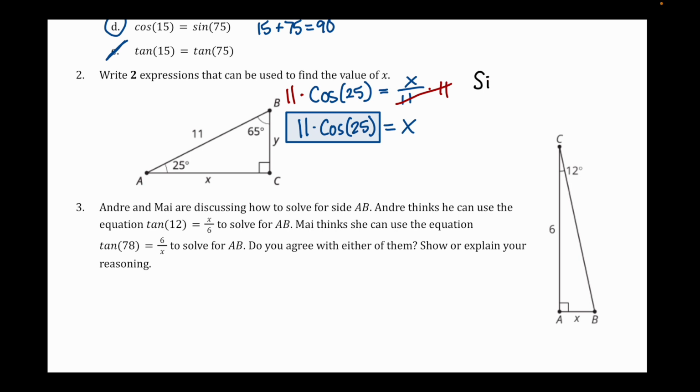Sine of 65 would give us that same relationship of x over 11, because the sine of 65 is opposite over hypotenuse, so x over 11 still. We're going to do the same work and multiply both sides by 11. It's just going to be 11 times the sine of 65.